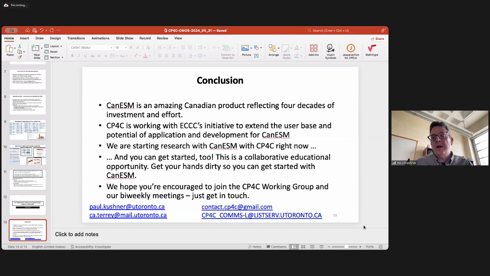One example of something that's neither CanESM6 nor CanESM5 is the work with PAM going on inside CP4C. A version of the PLA aerosol model is being ported to the collaborative version of CanESM under CP4C. That's an example of separate testing of a piece, to look at how aerosol physics changes affect basic aspects of the simulation. So that's not really an answer to your question. I don't think we're quite there yet.